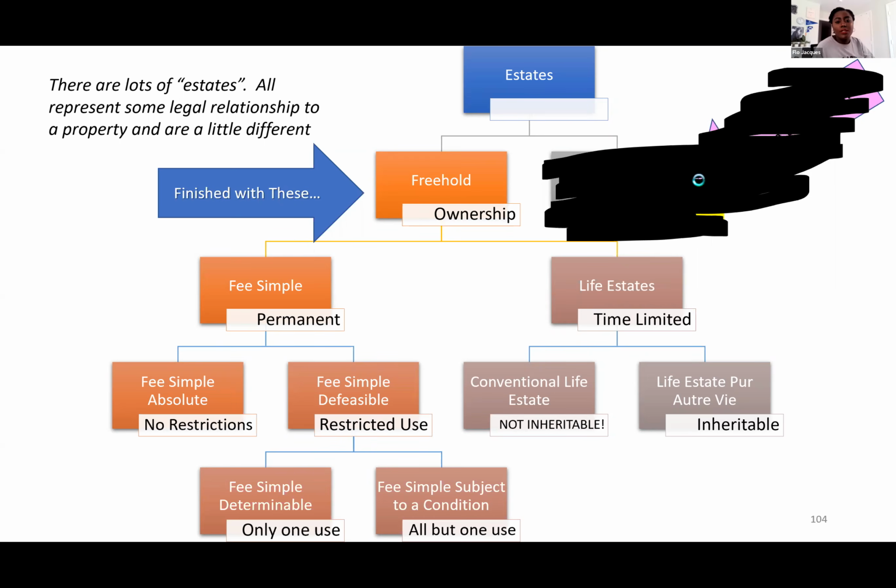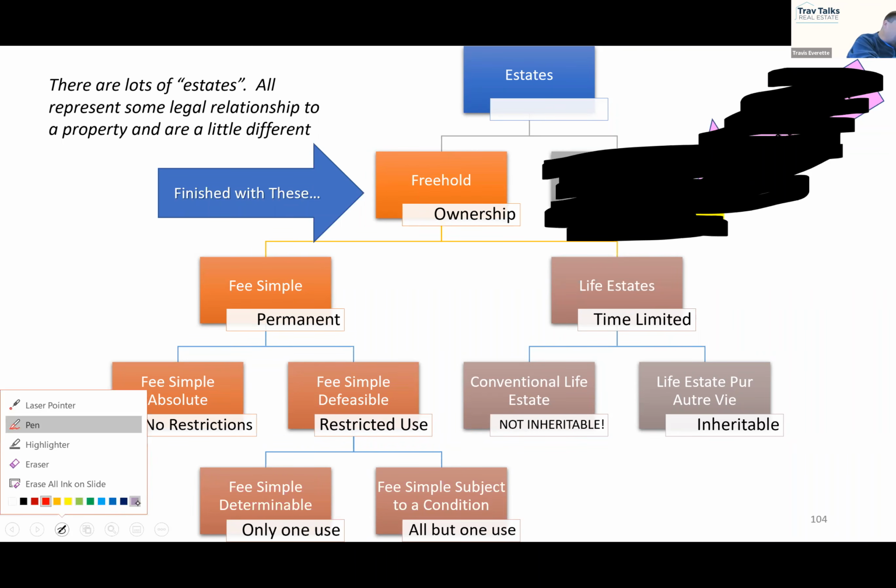Those are all of the ownership interests. Could you go over the fee simple defeasible again? Fee simple defeasible simply means a grantor who has limited use when they transfer ownership. So we just talked about the two different types of use limitations. Fee simple determinable and fee simple subject to a condition are both. Think of it this way, because I know sometimes silly analogies help.